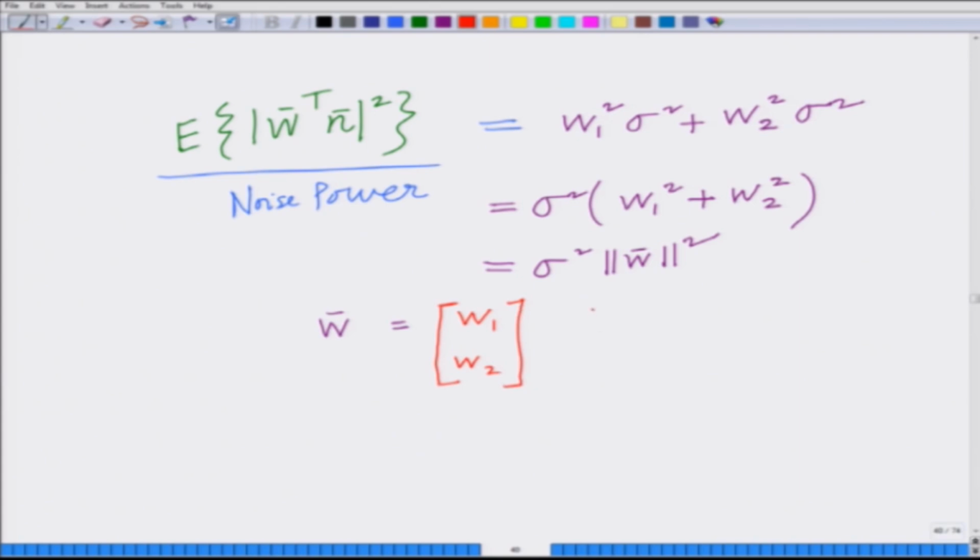Therefore, norm W bar square, the vector norm square, equals W1 square plus W2 square.